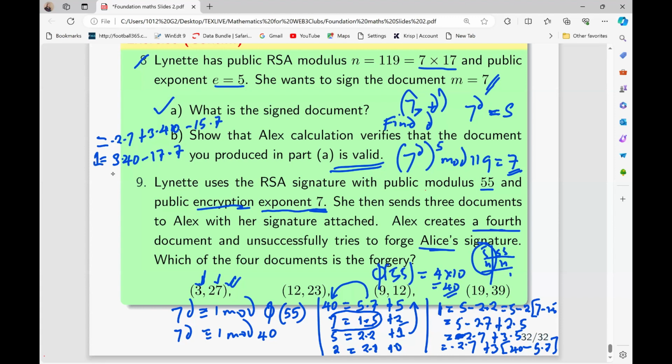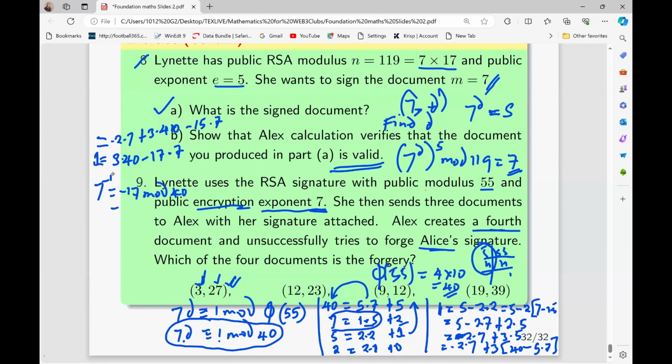It was equal to 1. And of course, that is what we wanted to get. We wanted to get a number which, when multiplied by 7, gives me 1. That number is negative 17. So in other words, the inverse of 7 is negative 17 mod 40.